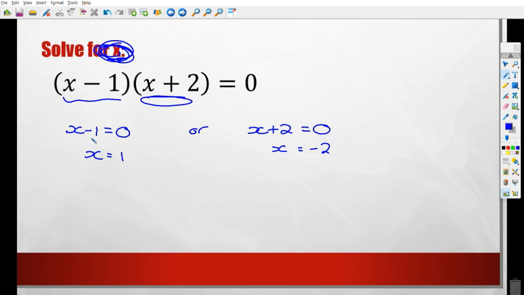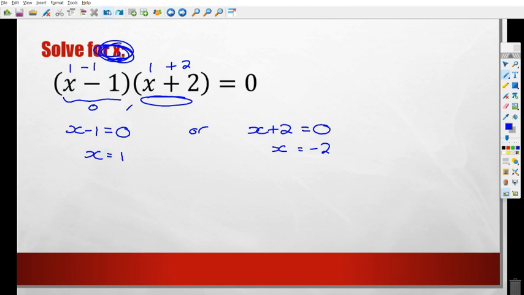If x is 1, I've got 1 minus 1 and 1 plus 2. I'm just going to substitute in for x. So 1 minus 1, which is 0, multiplied by 1 plus 2, 3. 0 times 3, 0. Fantastic.